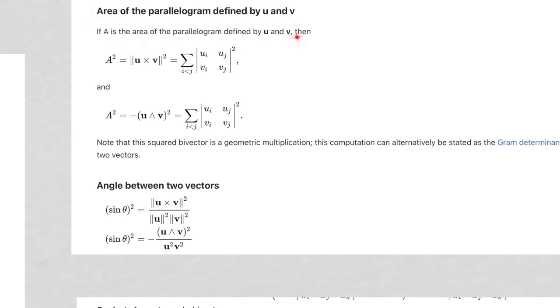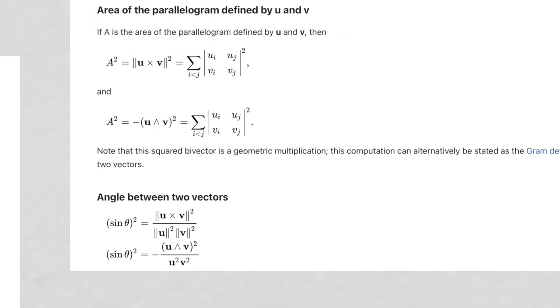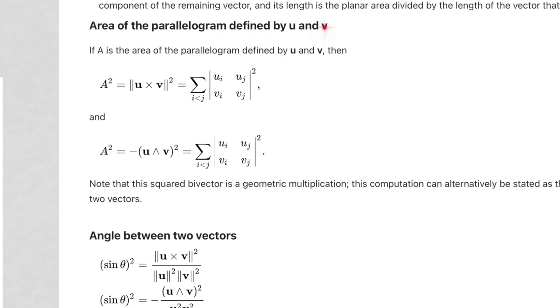Here's a nice one that's a good exercise to work through. What is the area of a parallelogram defined by two vectors u and v? And what they do is they show you how you would do it in regular vector algebra. You take the cross product of u and v and find its magnitude squared, right? This is a vector, and this is the magnitude squared of a vector. But in geometric algebra, this is the opposite of the value of the bivector squared.